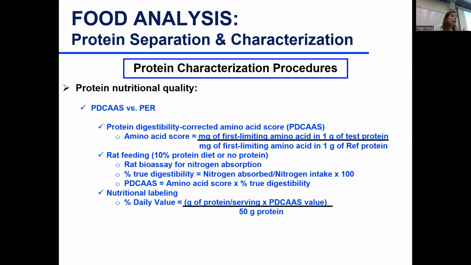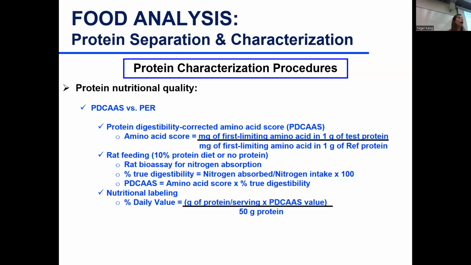But in in vivo methods, we use rats, which were fed a 10% protein diet over a time of about 28 days, or a diet which doesn't have any protein. To calculate true digestibility, after this diet time frame is complete, we need to determine the amount of nitrogen absorbed from their diet.